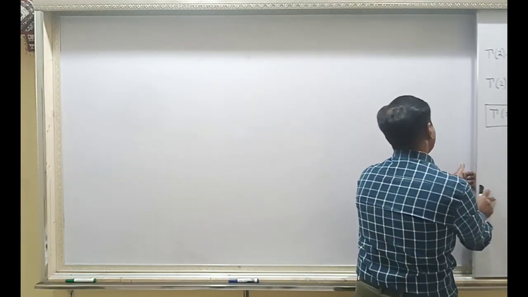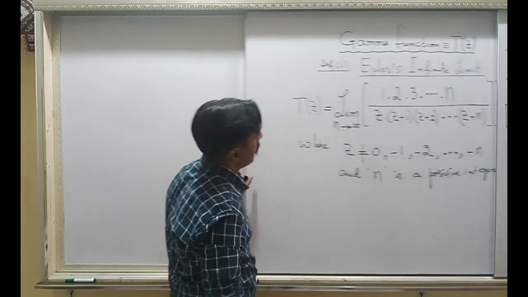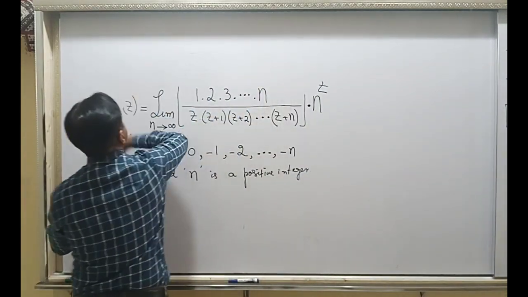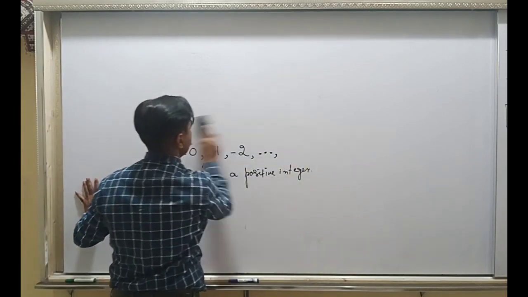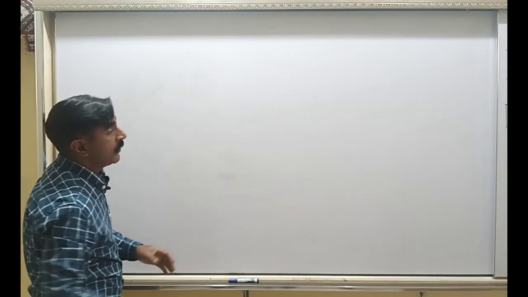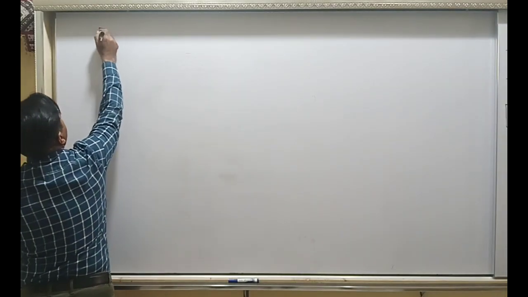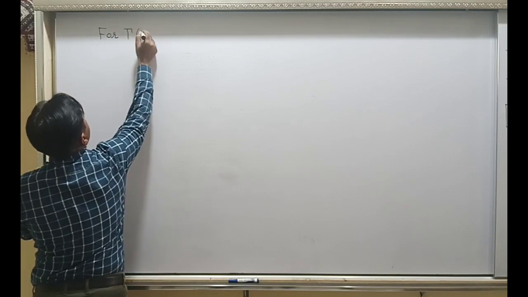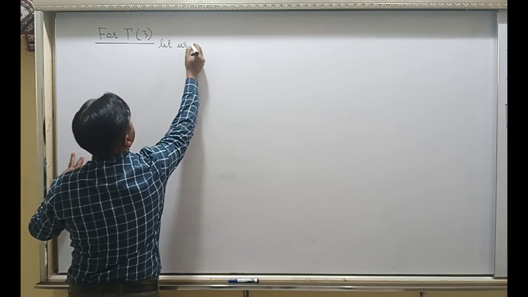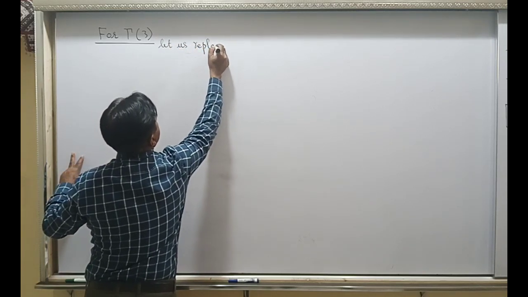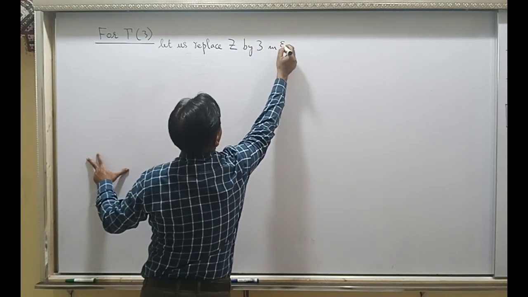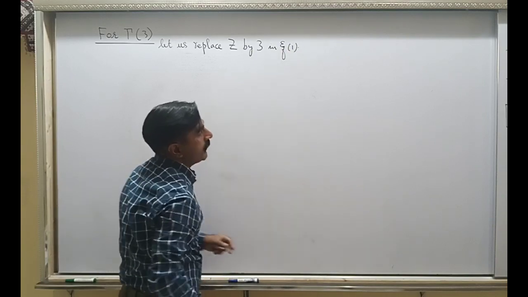I shall erase this both. And make a heading. What is your heading? For gamma 3, let us replace z by 3 in equation number 1, which is the definition.